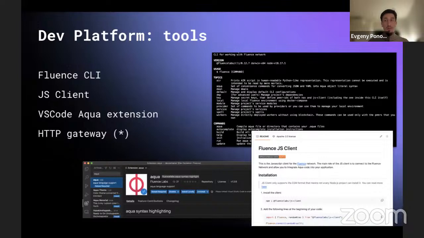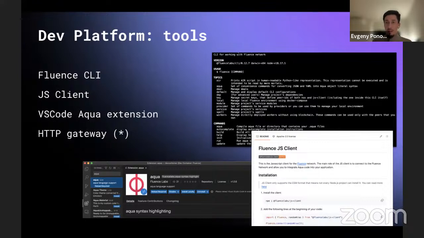For developers, the main tools that we suggest you use when you build on Fluence is the Fluence CLI that encapsulates all the experience with creating projects, deploying projects, building, paying as a part of deployment, and managing your deployments as well.